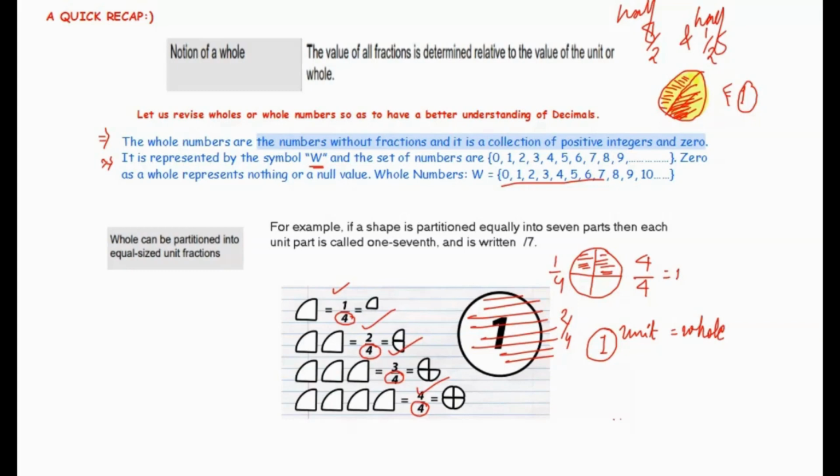If we take a shape which has 7 parts, then it will go in a series of 1 by 7, 2 by 7, 3 by 7, and up to 7 by 7. Let us move further. Here comes the repetition of unit fractions. What is the repetition of unit fraction?